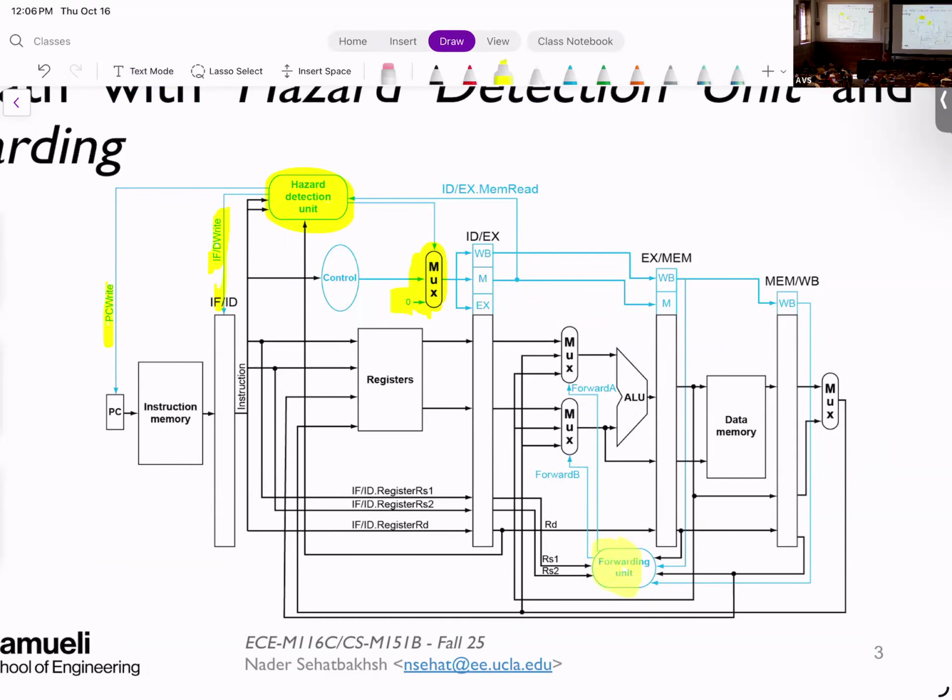And then we also talked about forwarding and how we decide what to forward in order to make sure that the data that we are reading is the correct data. The plan was basically eliminating the need for stalling the processor.